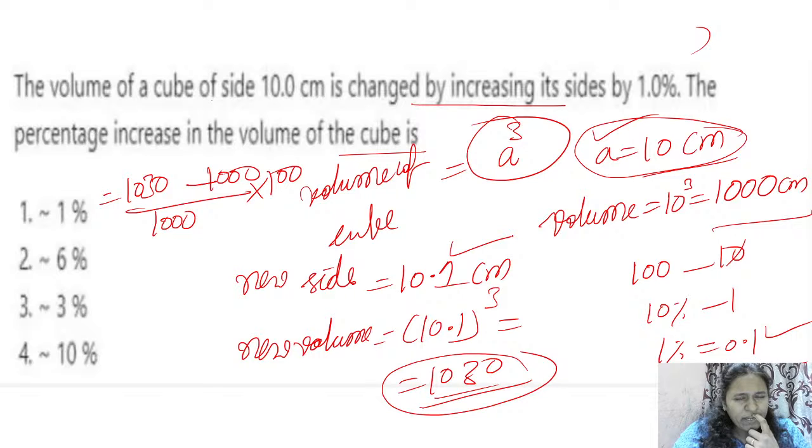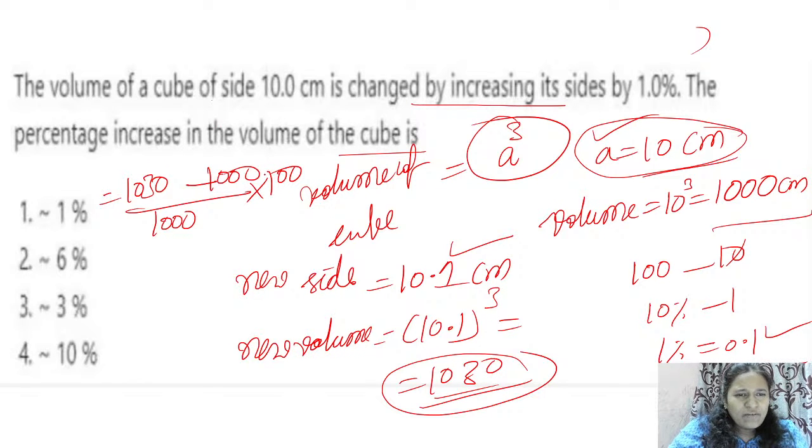How much will we get? 10.1 cubed. Do it with your calculator and tell me. 10.1 into 10.1 into 10.1 is equal to, yeah, 1030.